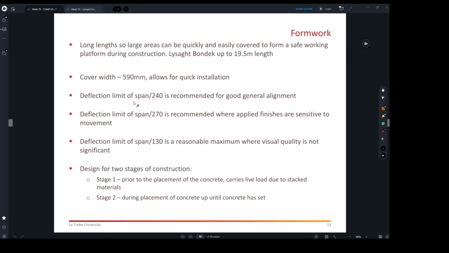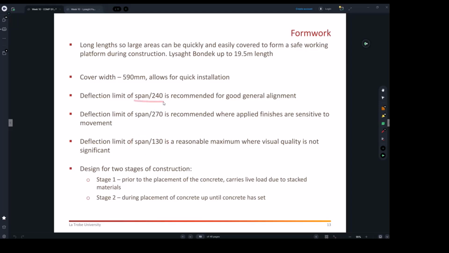So there is an option of limiting the deflection to span over 240. So if your span was about 2,400 millimeters, that means you're going to be limiting the deflection to 10 millimeters only. The span in millimeters divided by this figure will give you the deflection in millimeters. This ratio, you can see, is more than this one.